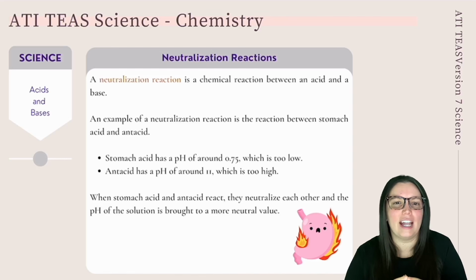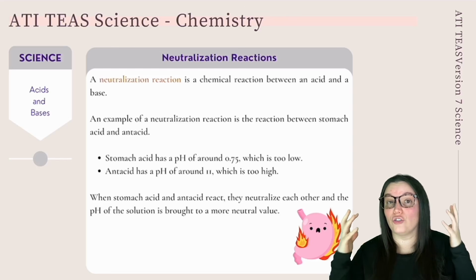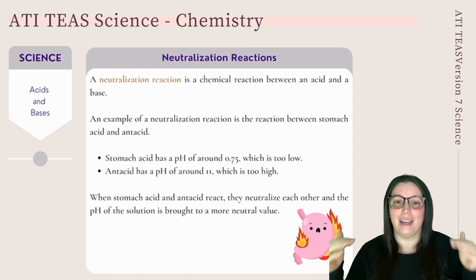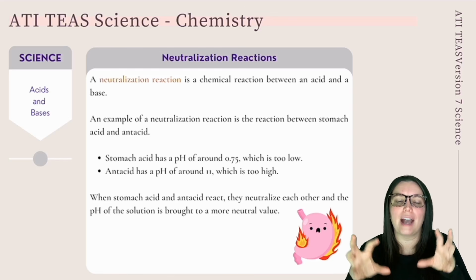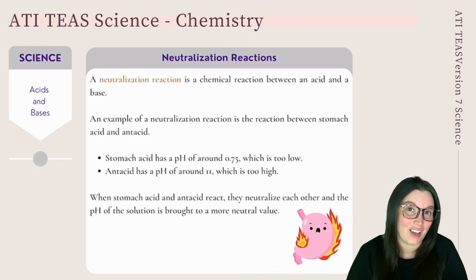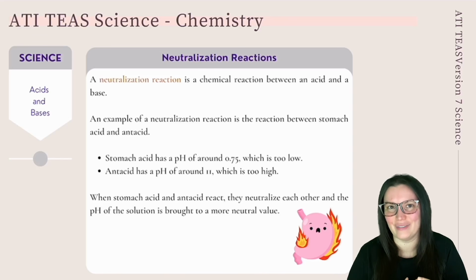Stomach acid's pH is around 0.75, which is really, really low, right? That's very, very acidic. Whereas the antacid has a pH of around 11. That's extremely high. It's extremely basic. When the stomach acid and antacid react, they neutralize one another, and the pH of the solution is brought back to a more neutral value as opposed to a more acidic value.